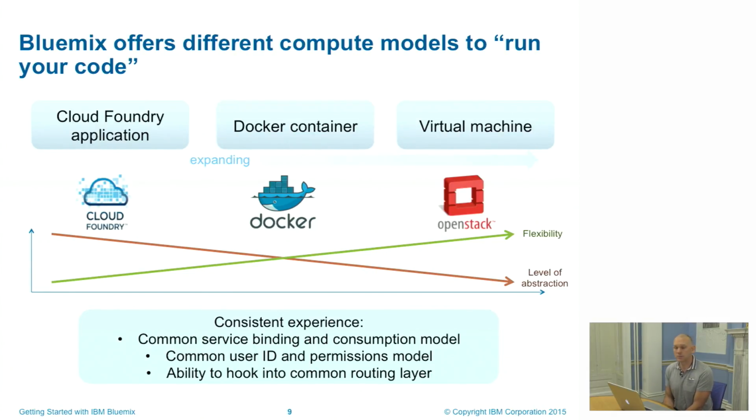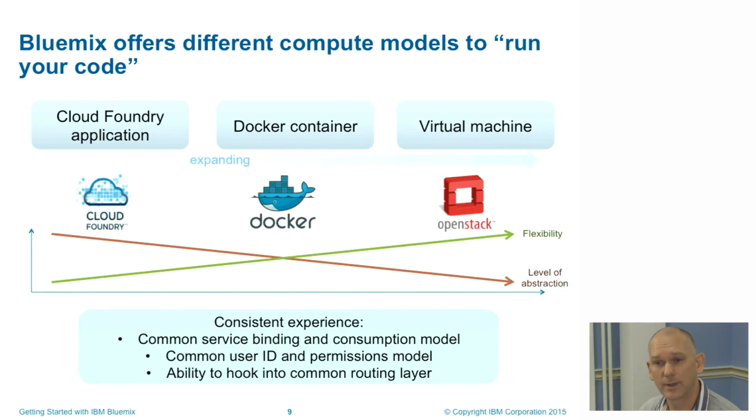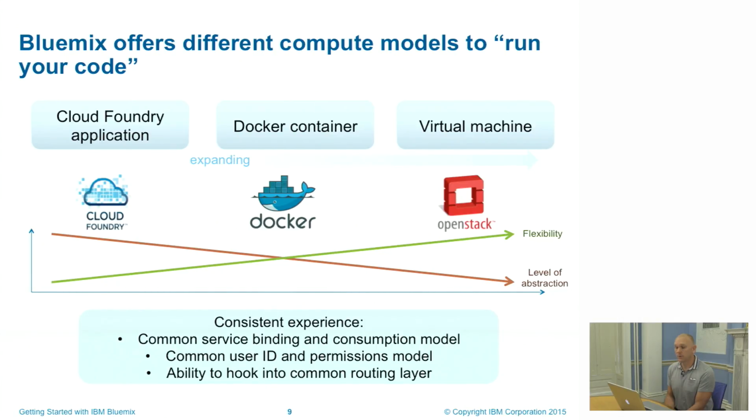Docker containers allow you to bring existing Docker containers or create new containers, and that gives you the ability to move that container from IBM Bluemix to different infrastructure, and it does give you more flexibility of what's running inside that container. And then with virtual machines, you have full control of what's running in that virtual machine, but you then have more responsibility for operating that application.